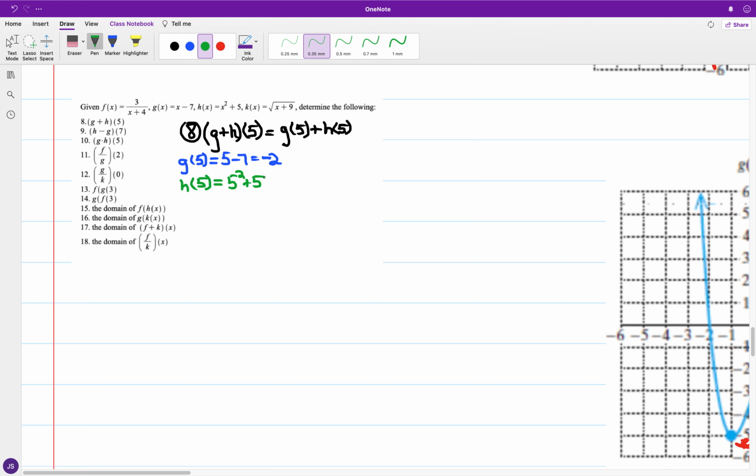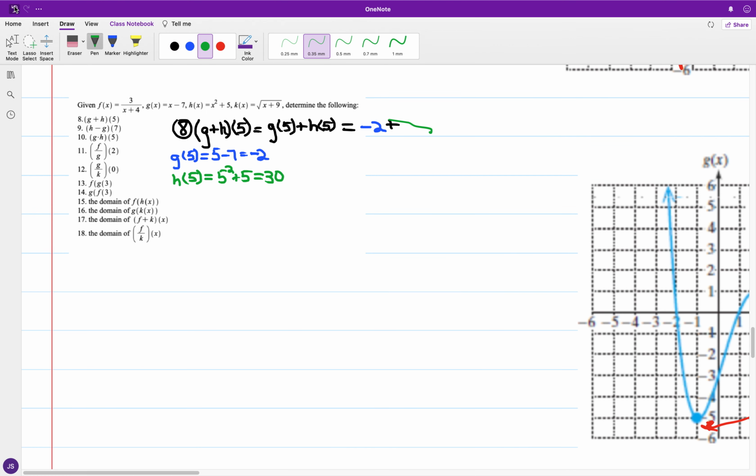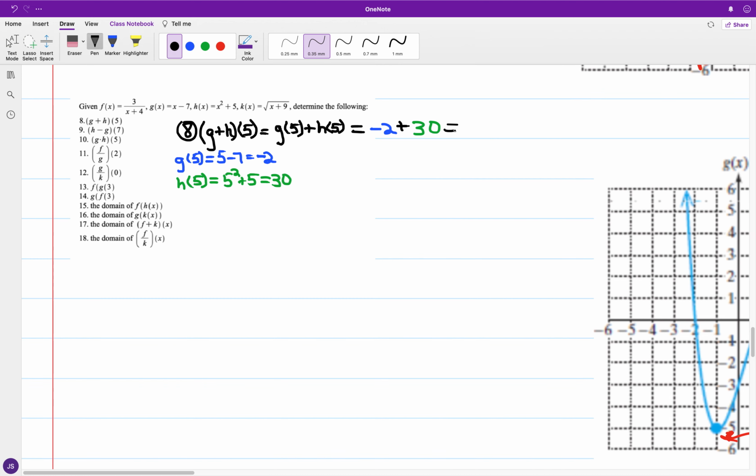Now 5 squared is 25, and 25 plus 5 comes out to 30. So going back to the sum function g plus h of 5, we have g of 5 at -2 plus h of 5, which is 30. So -2 plus 30, this sum comes out to positive 28.